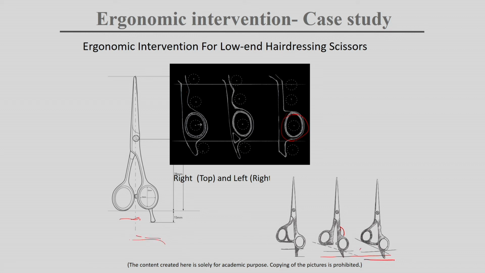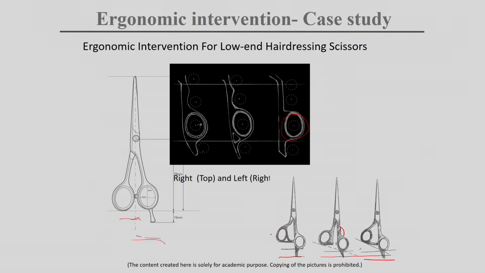Here we are considering the neutral position, and we have corrected the position so that it is no longer in the same plane. We tried to adapt this shear to the natural or neutral position of the hand, as far as possible. Due to this part, the person can rest their hand, and it is more comfortable.